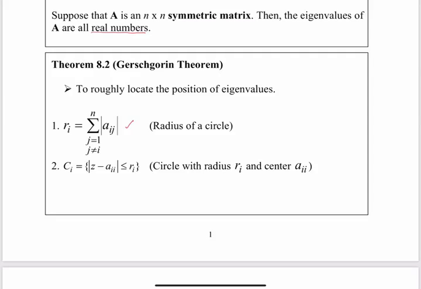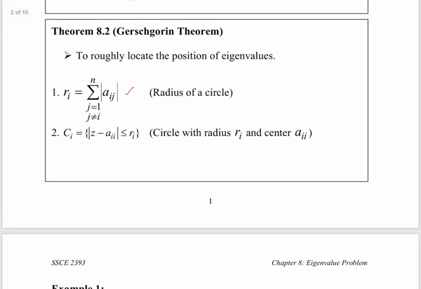And the second thing is we need to look at the circle with radius Ri and the center at Ai, where our center is defined by the formula number 3.